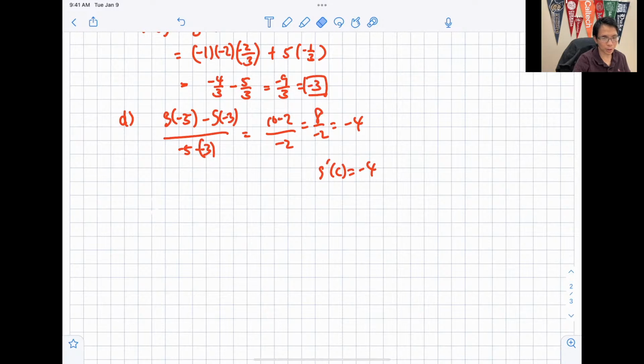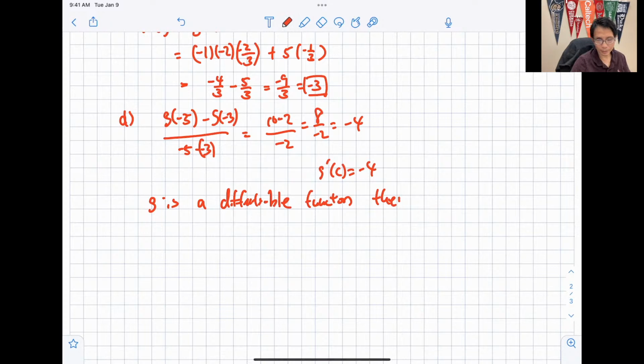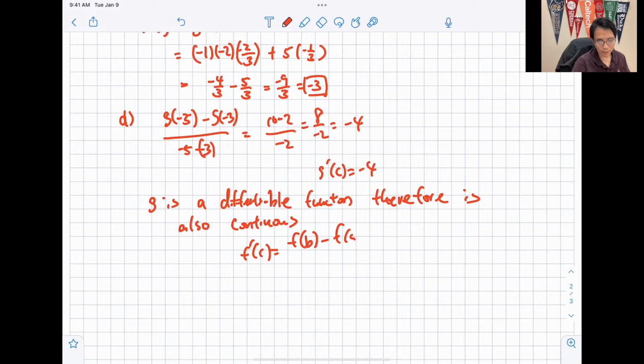You do need to say g is a differentiable function. Differentiable functions, right? Therefore, it's continuous. Remember, Mean Value Theorem says, therefore, it's also continuous. And it's differentiable and continuous, therefore f prime c must equal to f of b minus f of a over b minus a.